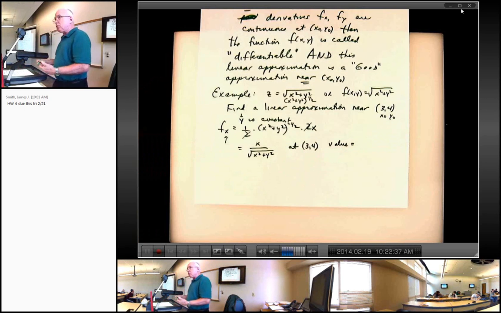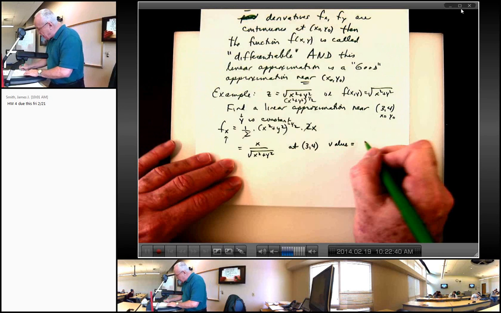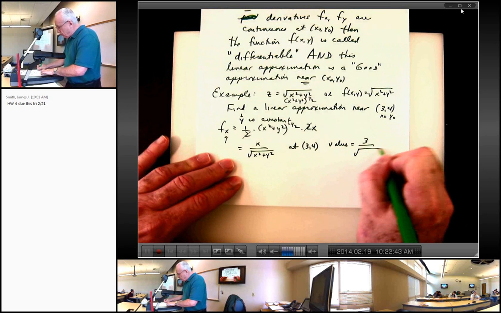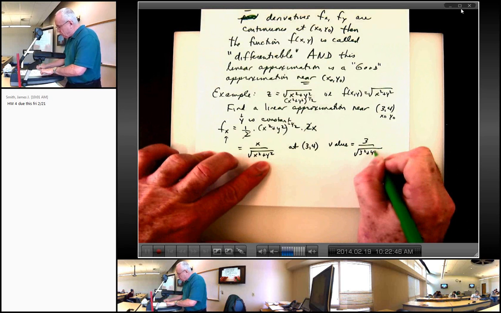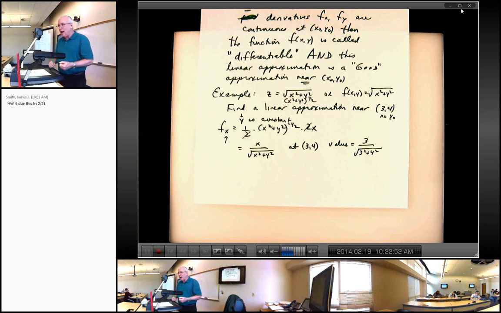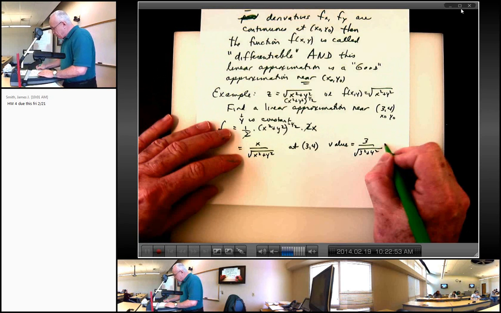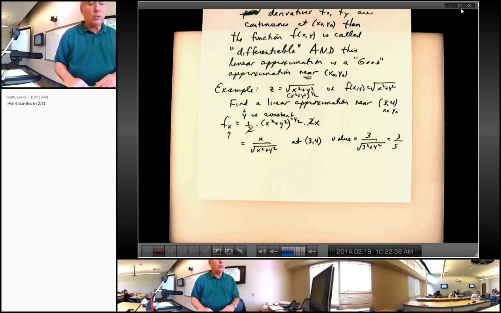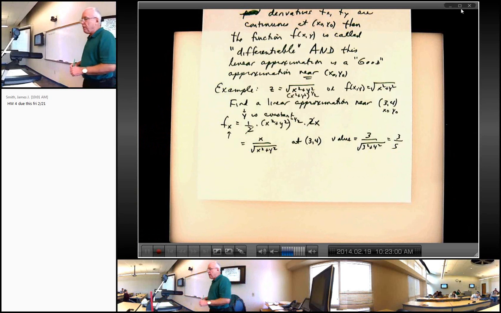Let's plug in 3 for x and 4 for y. We're going to get 3 over the square root of 3 squared plus 4 squared. Well, those are very nice numbers to have selected because that's going to be 25, which is 5. So therefore our value of fx is going to be the fraction 3/5.